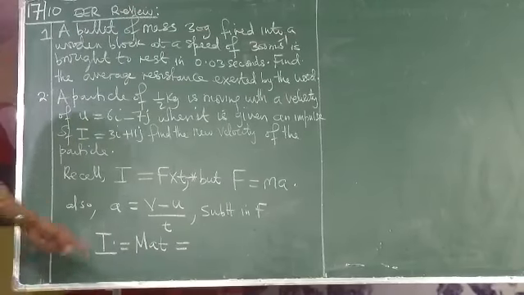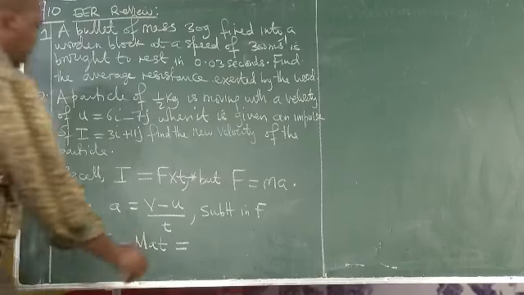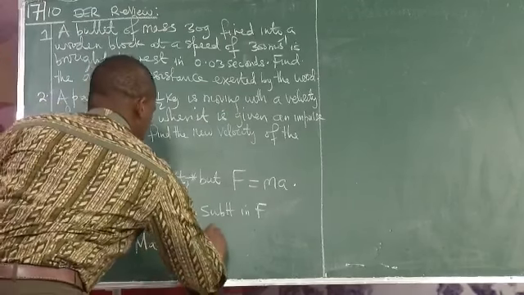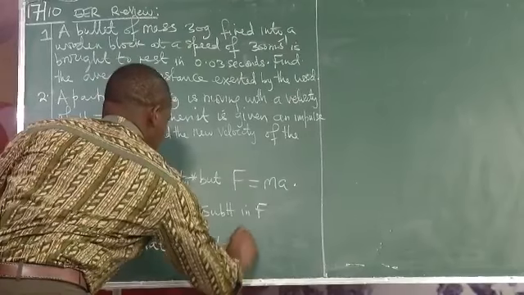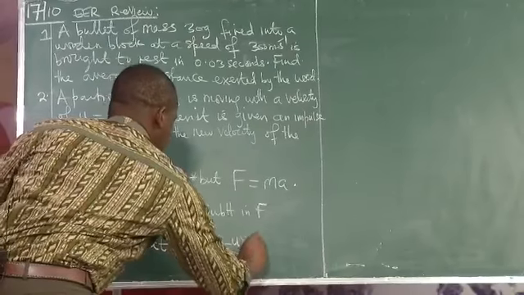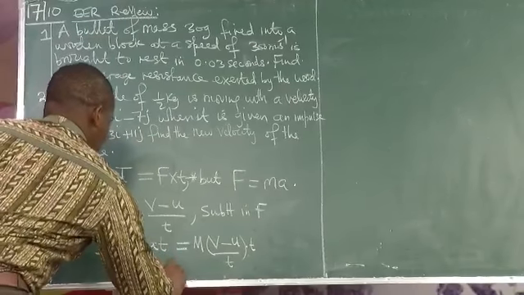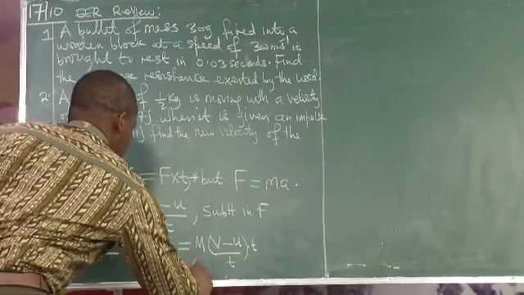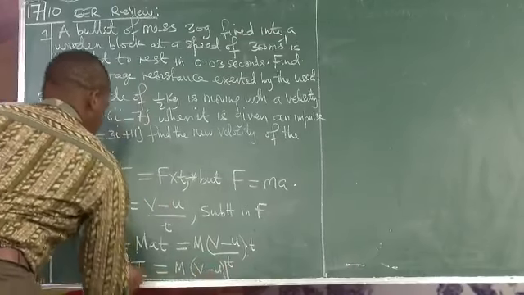And when we substitute in for acceleration, we get our impulse as mass into (v minus u) over t, times t, which finally gives us that impulse is actually the change in momentum.